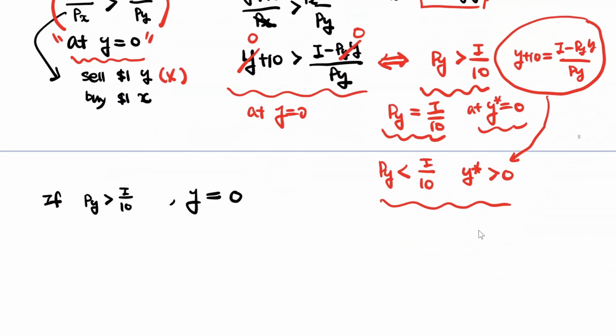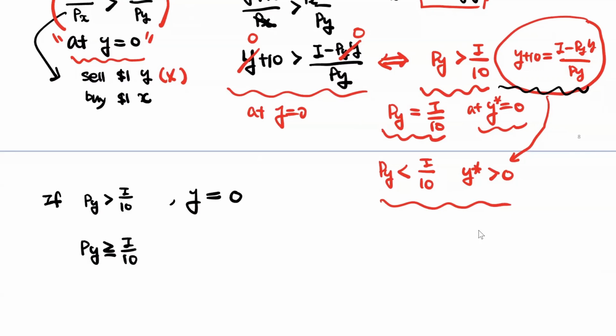And then all of your income goes to x. You wish you could sell y and buy more x, but it's not feasible because y is equal to 0. On the other hand, if py is less than or equal to I divided by 10, then this equation is going to be satisfied at equality.